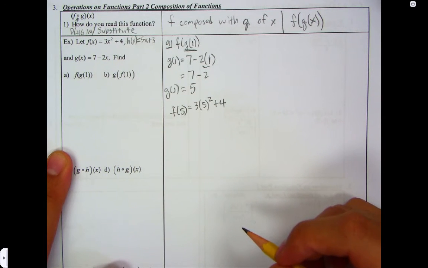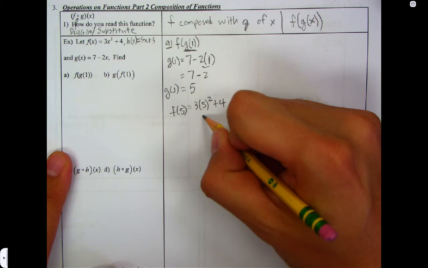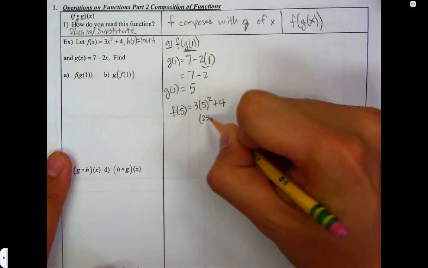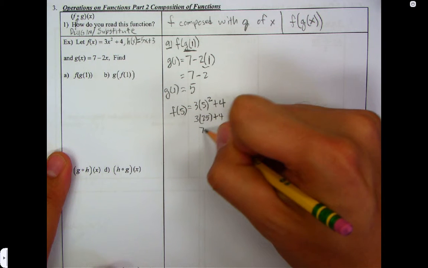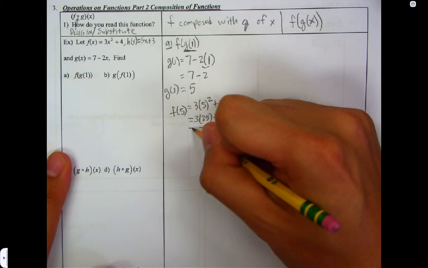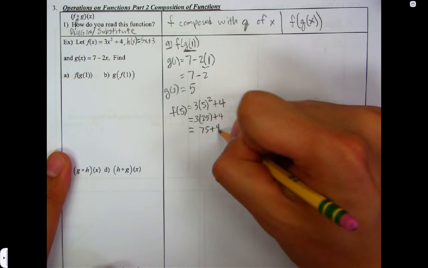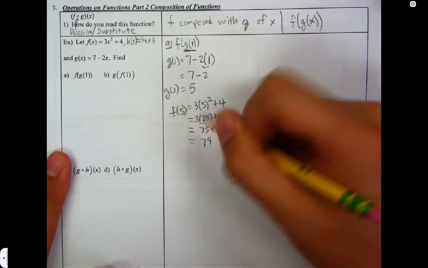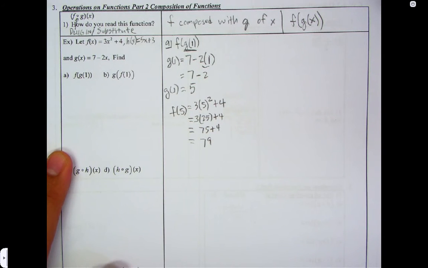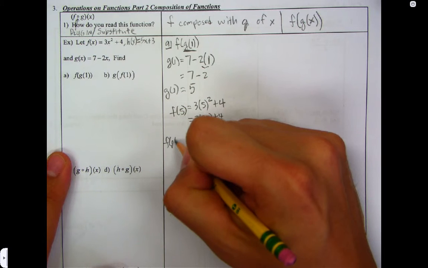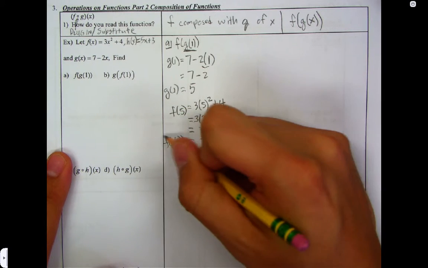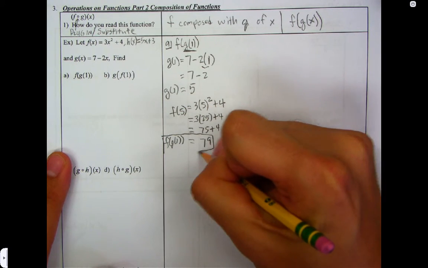I do exponents before multiplication. 5 squared is 5 times 5, which is 25, times 3, which is 75, plus 4, which is 79. Now this is the final step. So f of g of 1, go back to the original problem, is equal to 79.